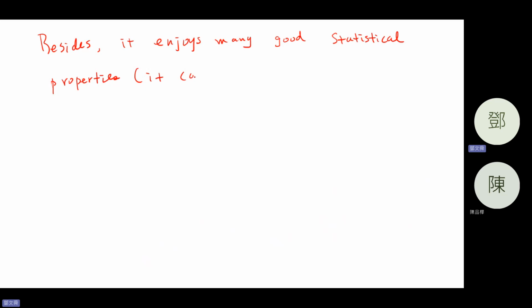It can be shown, but I'm not going to show it. I won't discuss its properties.